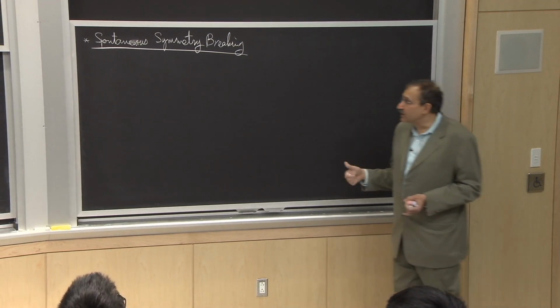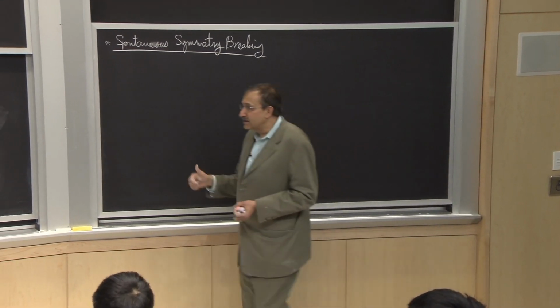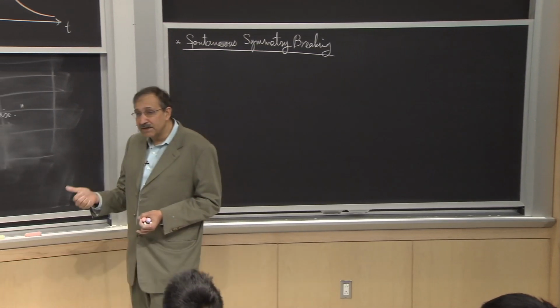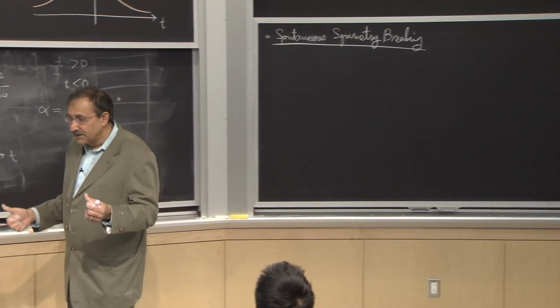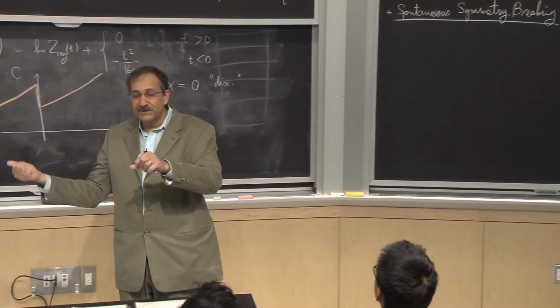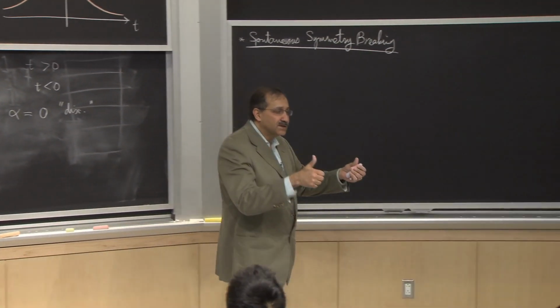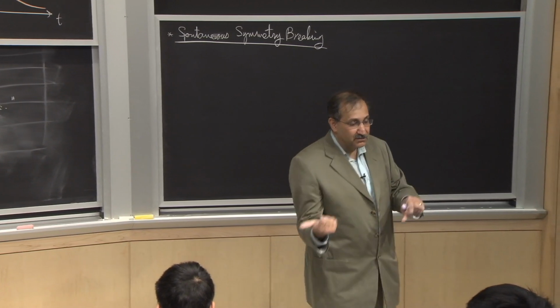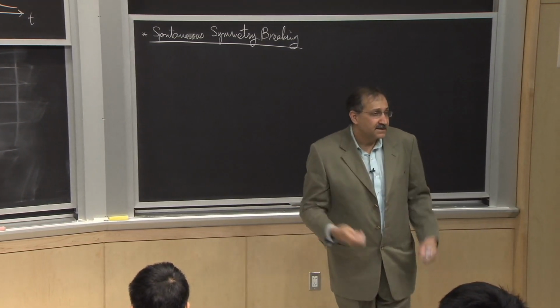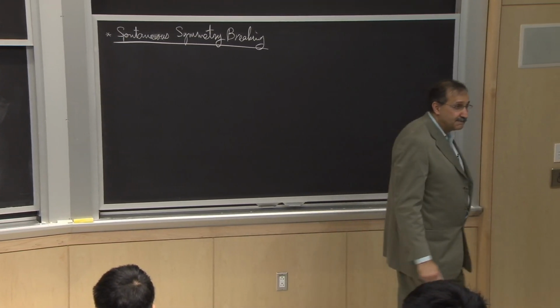Now, of course, what that means is that if you apply the rotation operation to one of these ground states, then you will generate another equally good ground state. You can take everything that is pointed along the z-axis and make them all point along the x-axis. That's an equally good ground state.